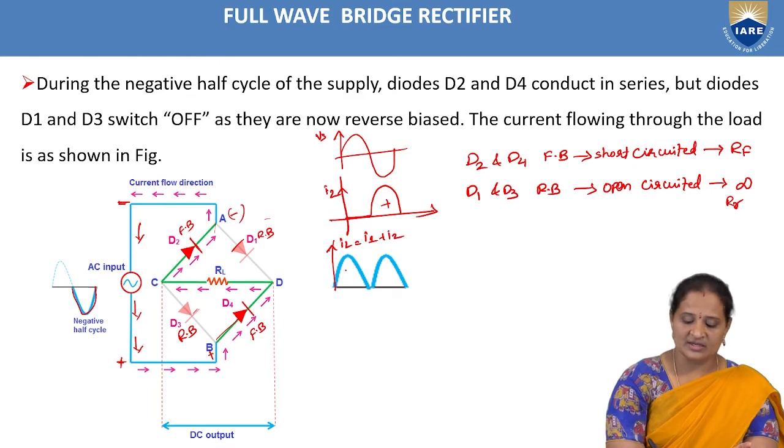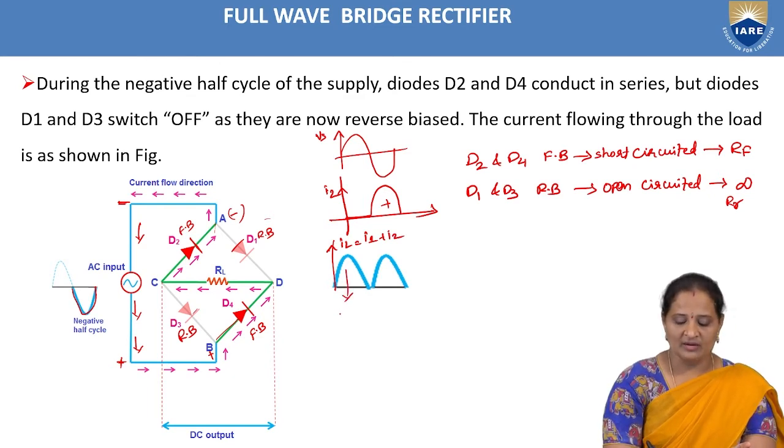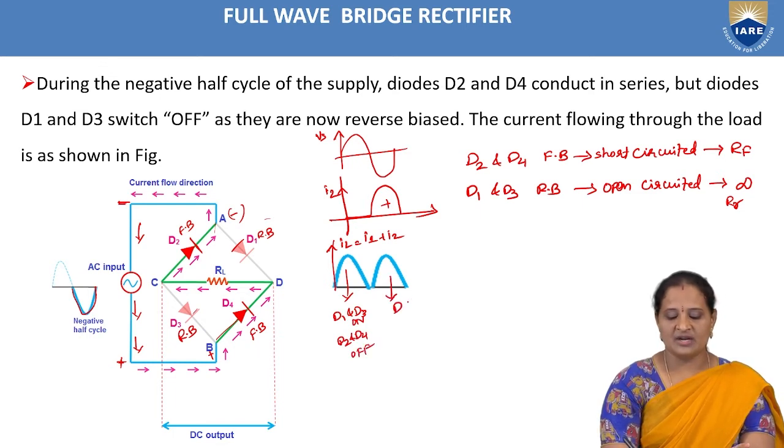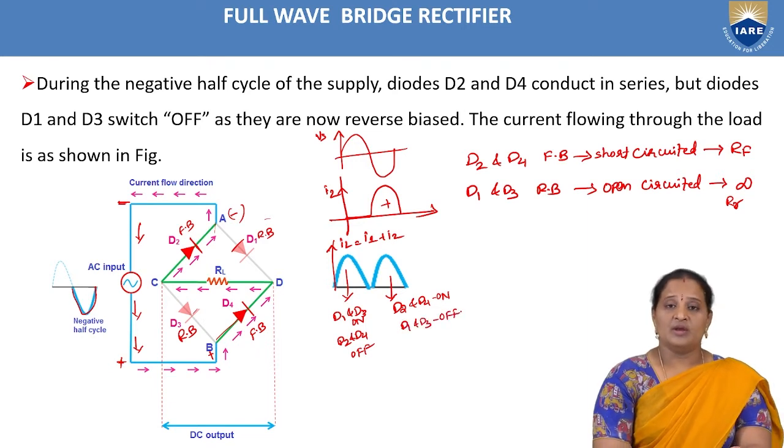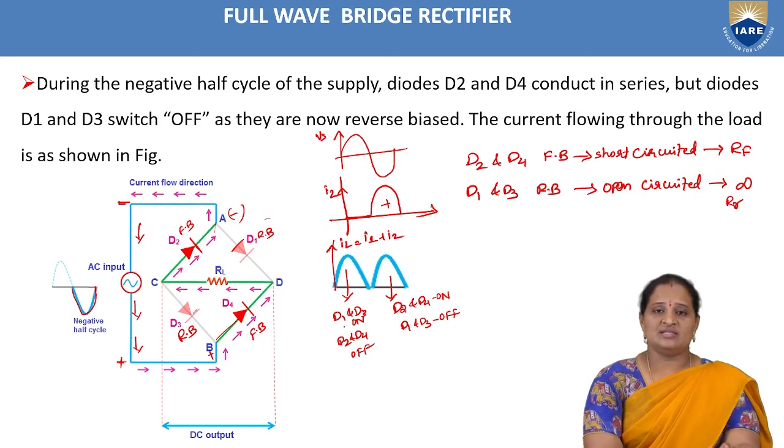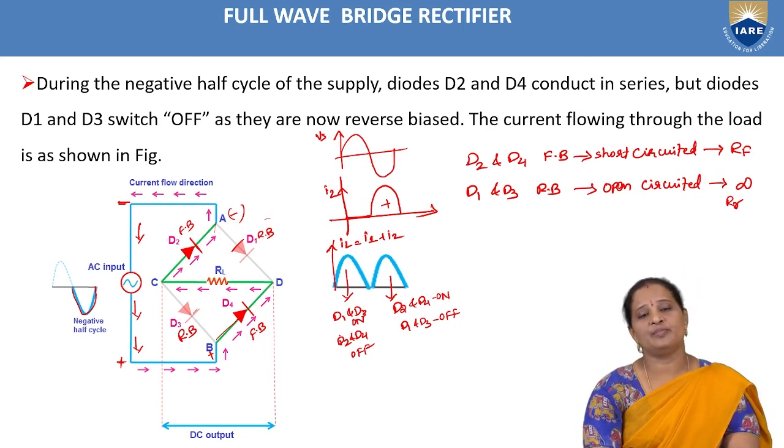So in this case, for I1, D1 and D3 are on, whereas D2 and D4 are off. Whereas in this case the reverse operation happens, that is D2 and D4 are on and D1 and D3 are off. So in both cases, the current flows through the load resistor in the same direction.